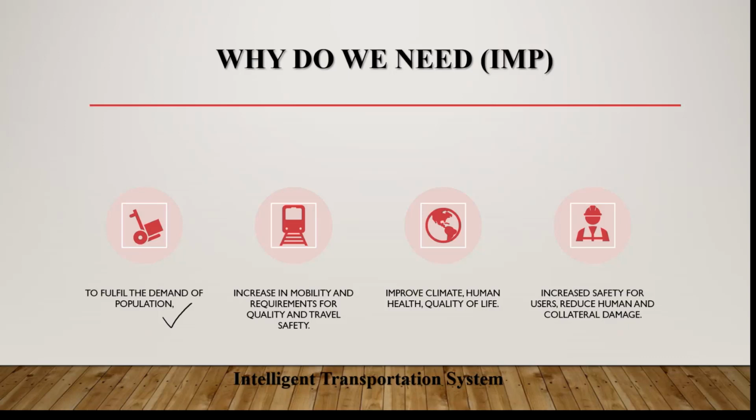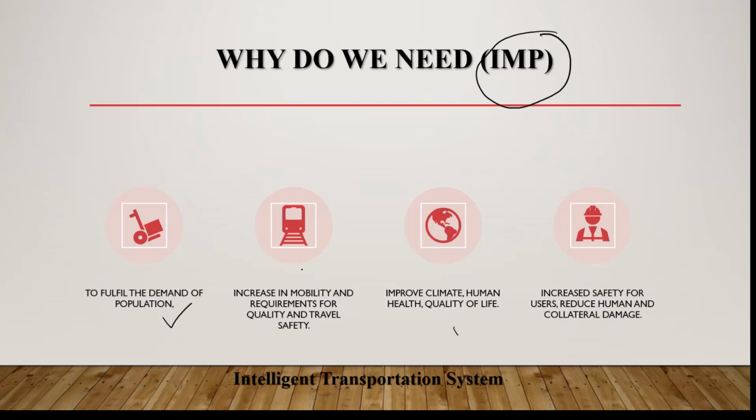But if it's increasing, of course their need to travel increases. Travel is not an option, it is a need. So if we need to be mobilized every day in different contexts, then you need to understand that we need IMP, the incident management process or system.